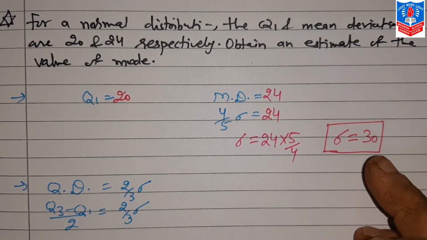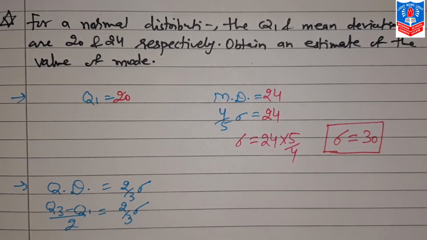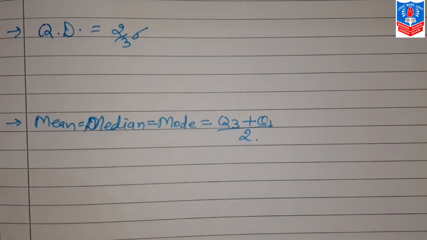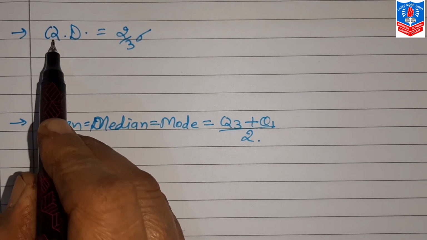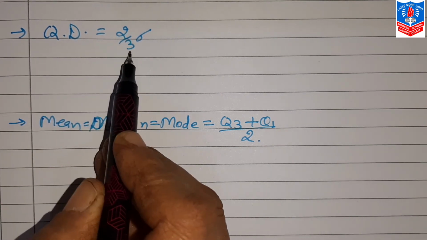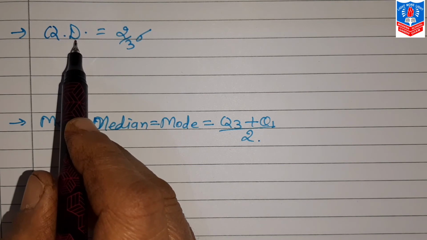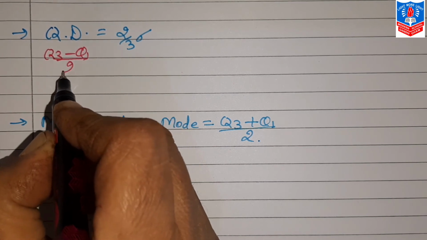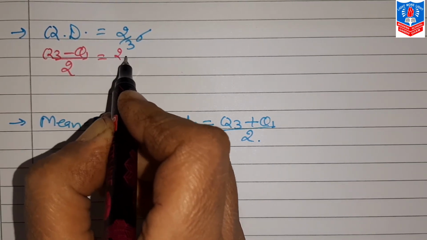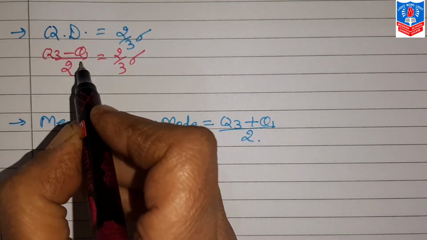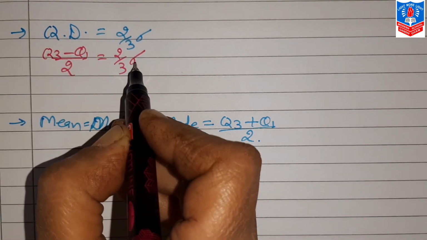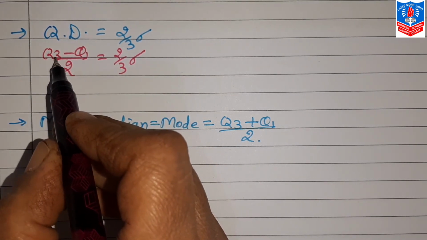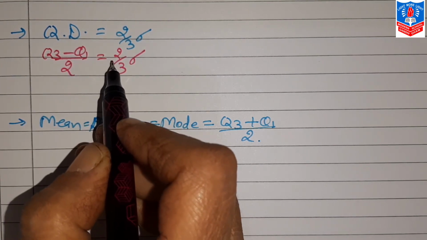But we want what? The value of mu. Now the second value which is given is the quartile deviation. For Q3, we use the quartile deviation formula, which is 2 by 3 sigma. Now in place of quartile deviation, I can write Q3 minus Q1 divided by 2, equal to 2 by 3 sigma. Now the value of Q1 we know, and sigma we just found. Only Q3 is missing, which we can find with the help of this formula.